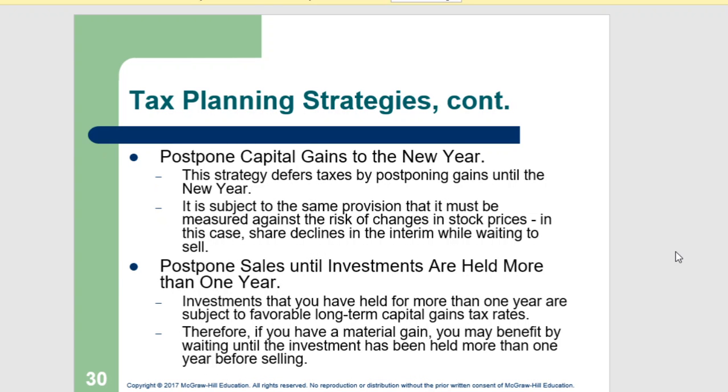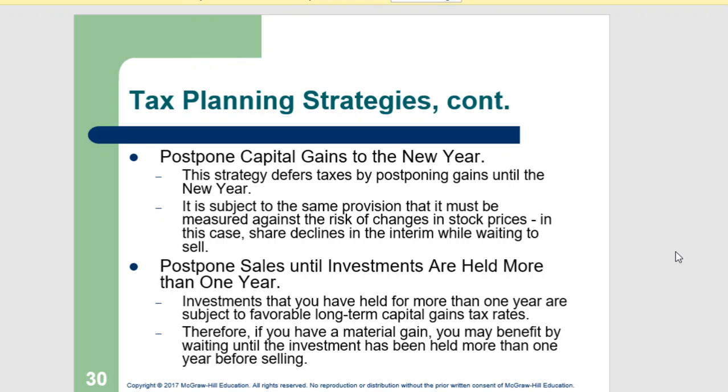Another strategy is, rather than accelerating losses, you can delay gains. So maybe we harvest gains in January, and then we're not paying tax until the next year. That gives you 12 months to use whatever money you're going to pay in tax. You have access to it for 12 months, and you could earn interest on it.